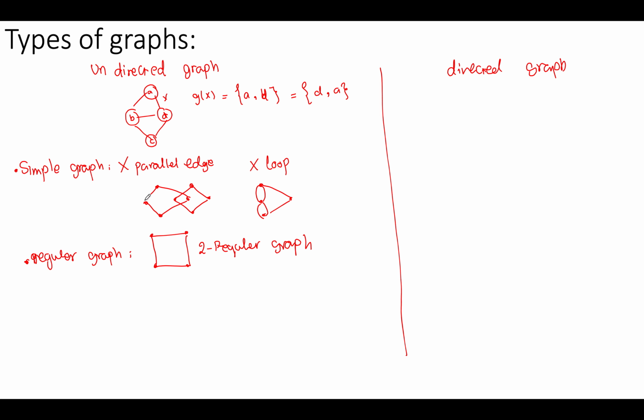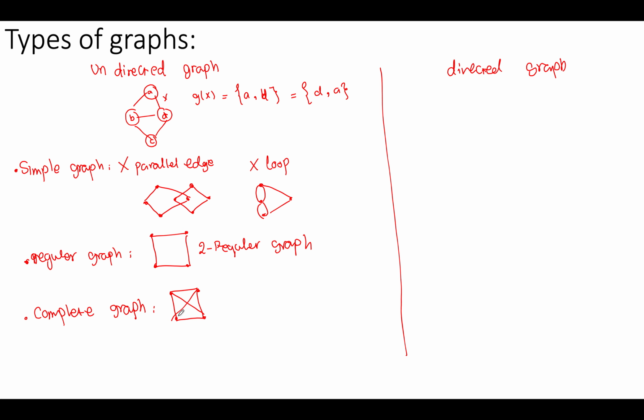All right. Then we've got the complete graph, where each single vertex in the graph is connected to each other.